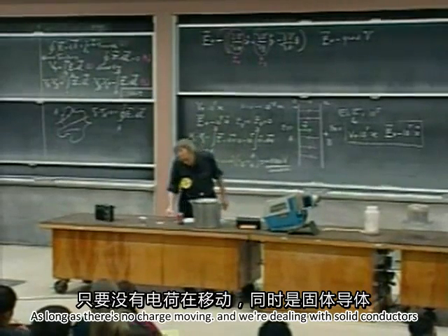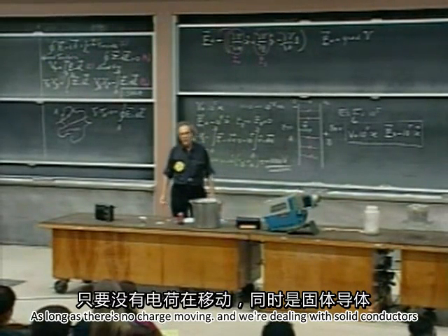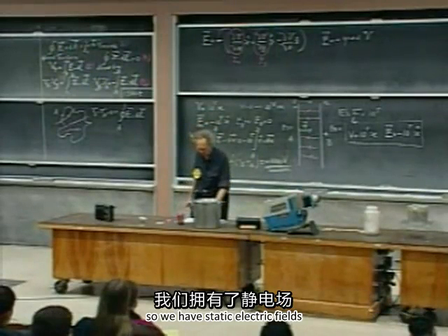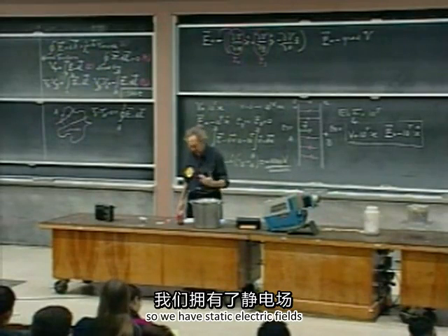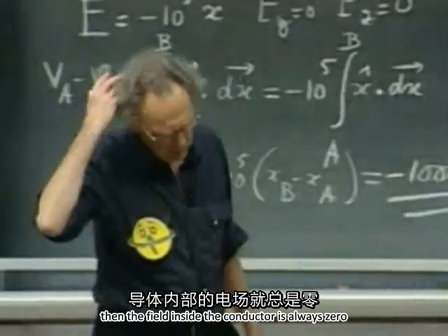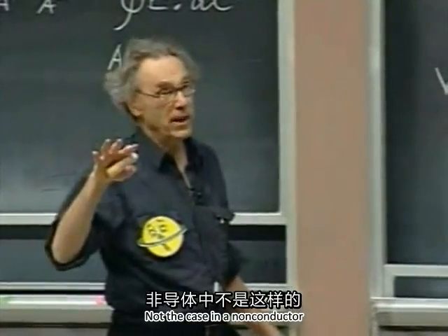As long as there's no charge moving, and we're dealing with solid conductors, so we have static electric fields, charges are not heavily moving, then the field inside the conductor is always 0. Not the case in a non-conductor.